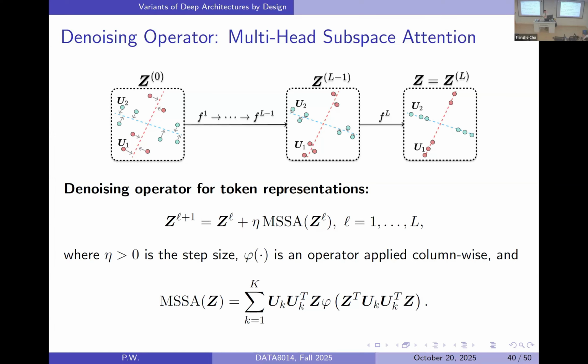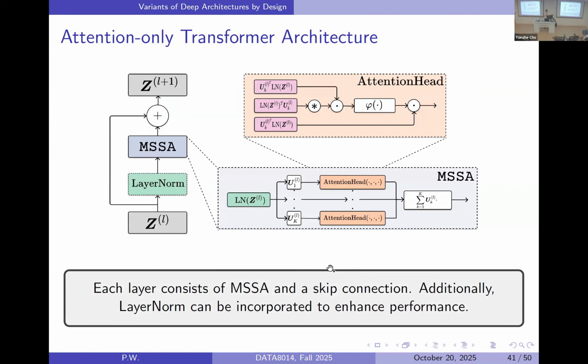We have introduced this operator before, the multi-head subspace self-attention. I won't repeat it here. The whole architecture we induce based on this multi-head subspace self-attention is like this. We don't have MLP layers.